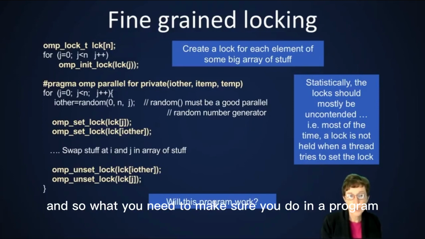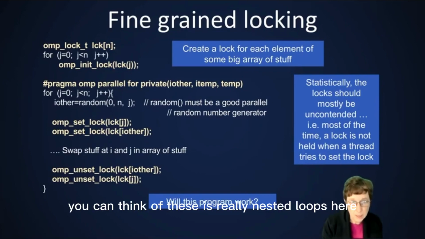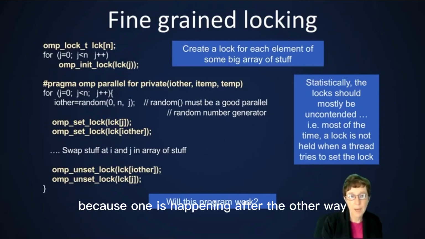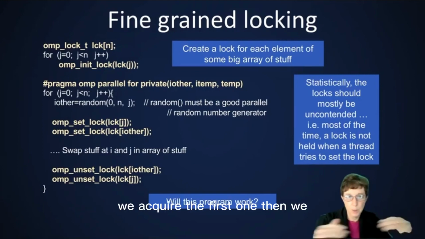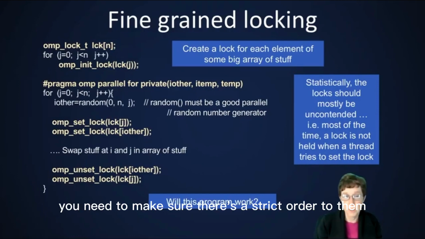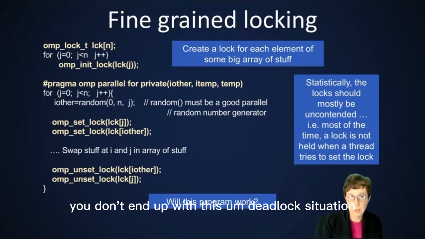And so what you need to make sure you do in a program like this, you can think of these as really nested locks here, because one is happening after the other. We acquire the first one, then we acquire the second one. You need to make sure there's a strict order to them so that you don't end up with this deadlock situation.